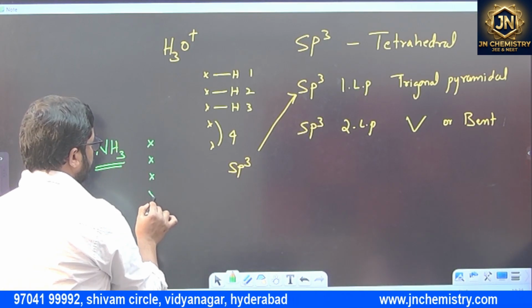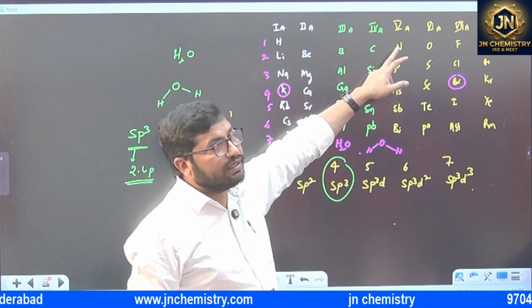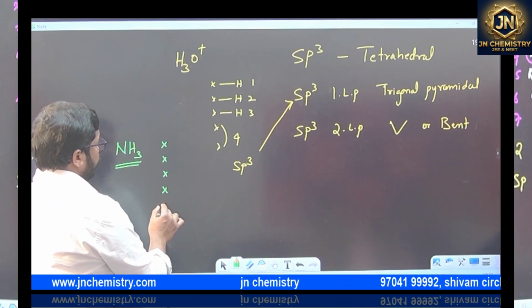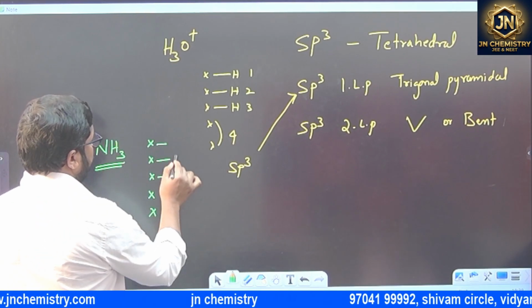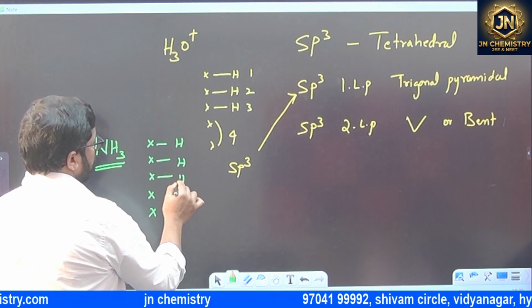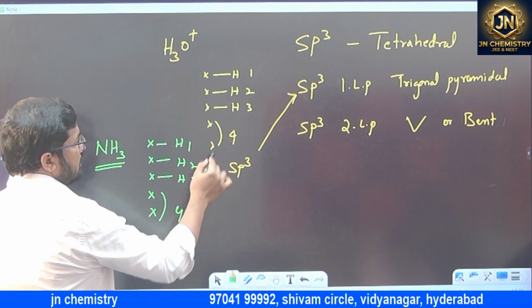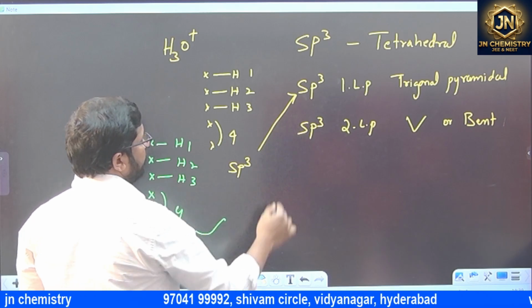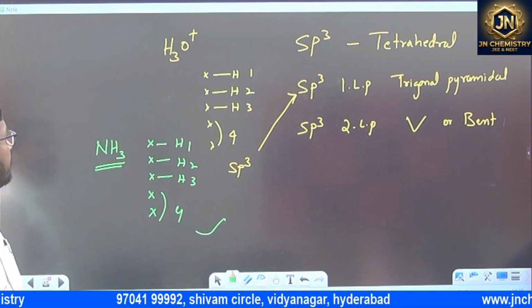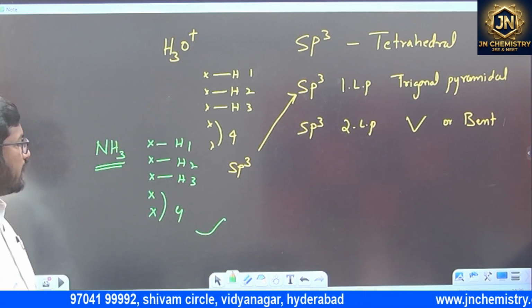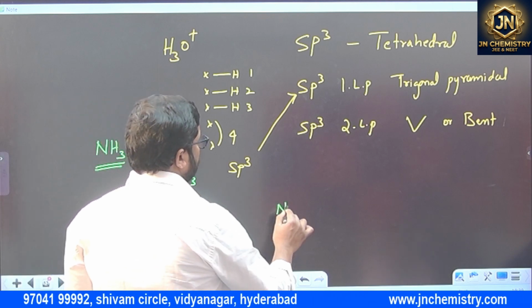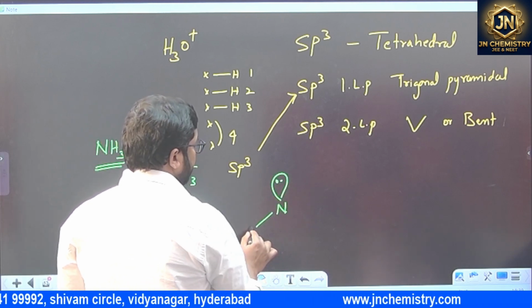Which group? 5th means 5 electrons, right? 1, 2, 3, 4, 5. 1, 2, 3. 1. 1, 2, 3, 4. 4. sp3 with one lone pair. Trigonal pyramidal. Understood? Nitrogen, lone pair, hydrogen.